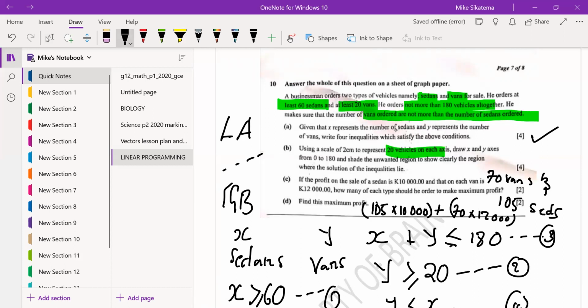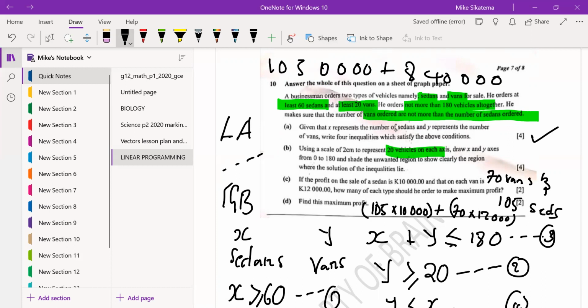So if we add 105 multiplied by 10,000, we are going to get a huge number, plus 70 times 12,000, that would be 840,000 kwacha. A lot of money. Then we just add that. So this is the maximum profit that he's going to make.